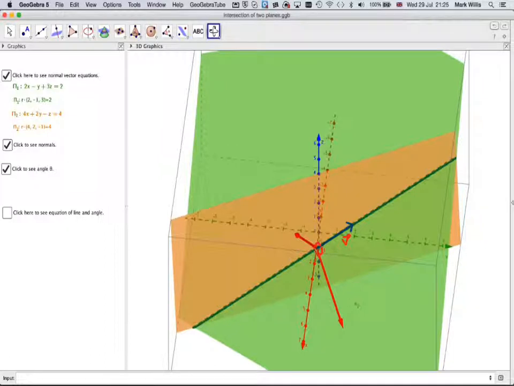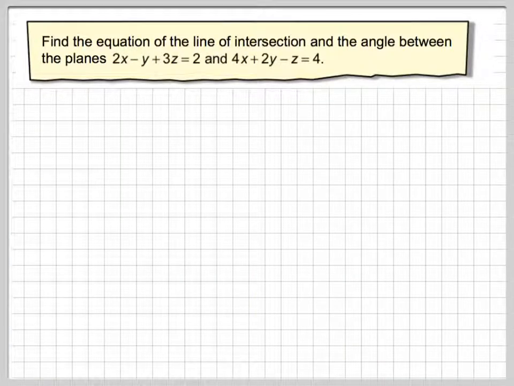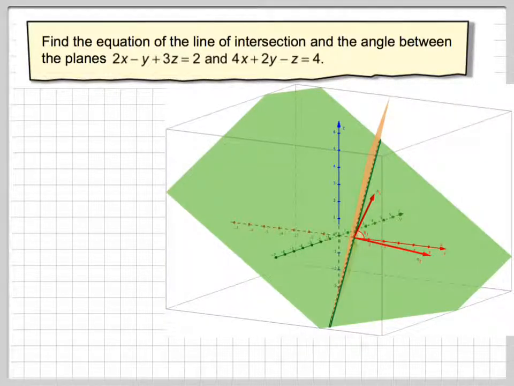And then what we could do is put one of the coordinates equal to 0 in order to find the point, because we need a point and a vector parallel to the line. So there's the diagram which I just drew.